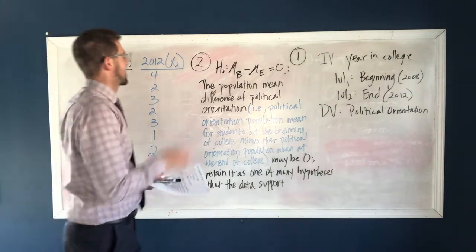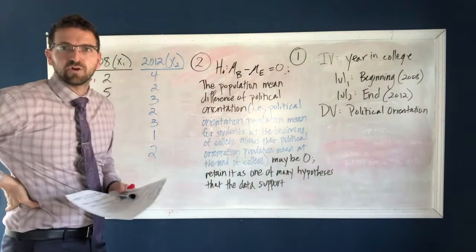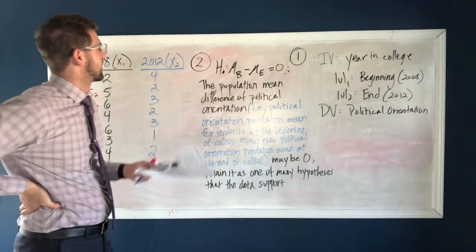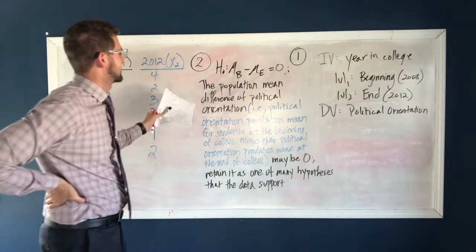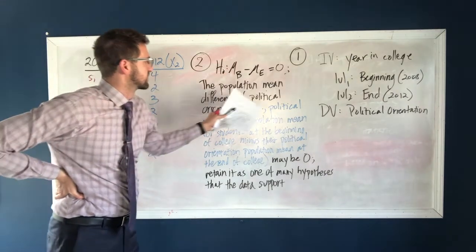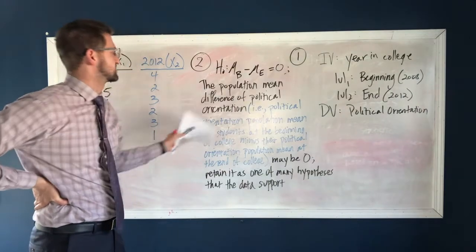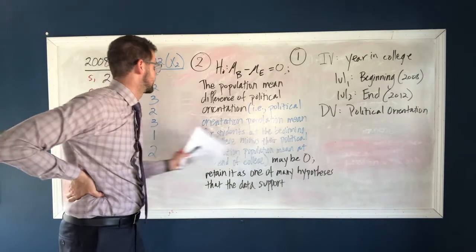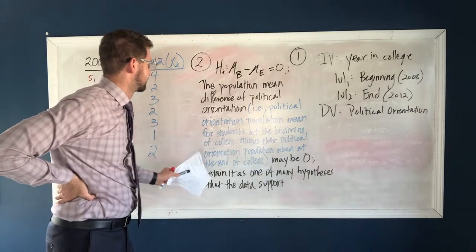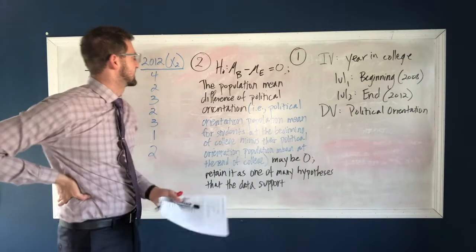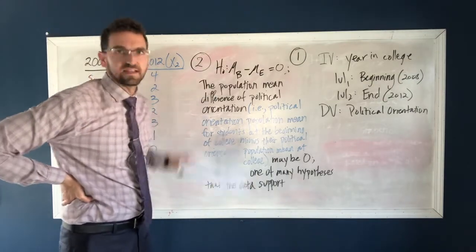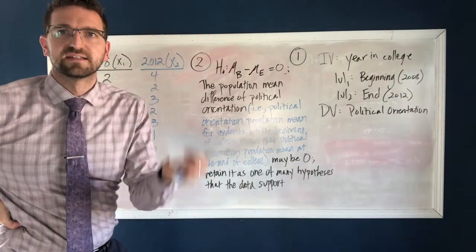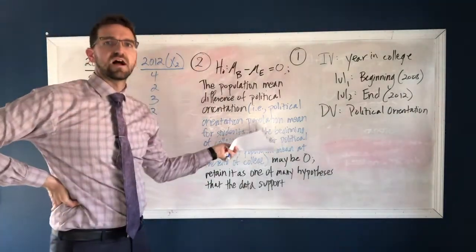Okay, so the null hypothesis is mu b, or mu beginning, minus mu end is equal to 0. So the population mean difference of political orientation, so the political orientation population mean for students at the beginning of college minus their political orientation population mean at the end of college may be 0. Retain it as one of many hypotheses that the data support. So the null hypothesis is saying that their political orientation did not change from the start of college to the end.